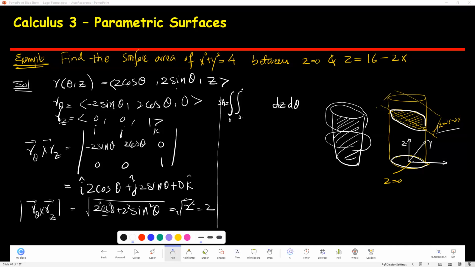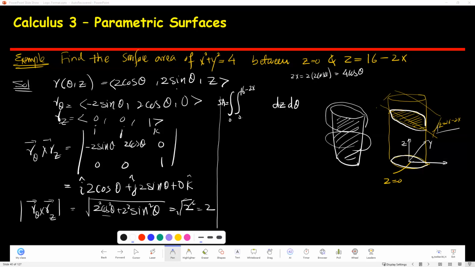So my top is 16 minus 2x, and 2x equals 2 times 2 cos theta, so it's going to be 4 cos theta.